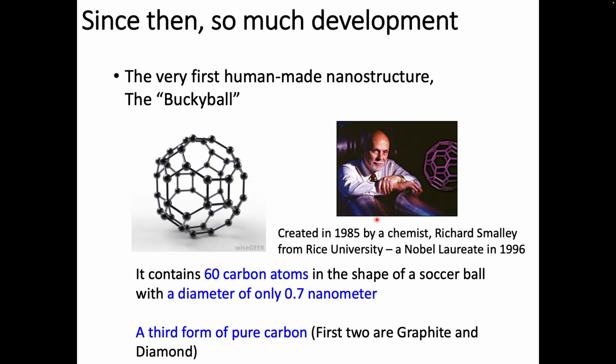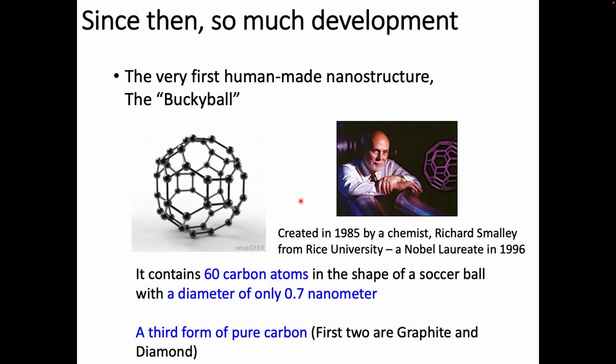And another topic I want to touch on in this introduction slide is the first human-made nanostructure. This one is called the buckyball. It looks like a soccer ball. It was created in 1985 by the scientist Richard Smalley, and after this invention, he also got a Nobel Prize.